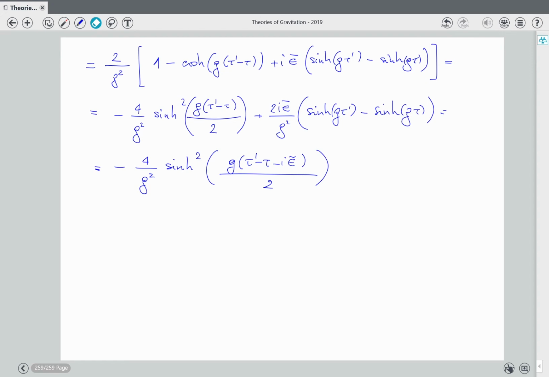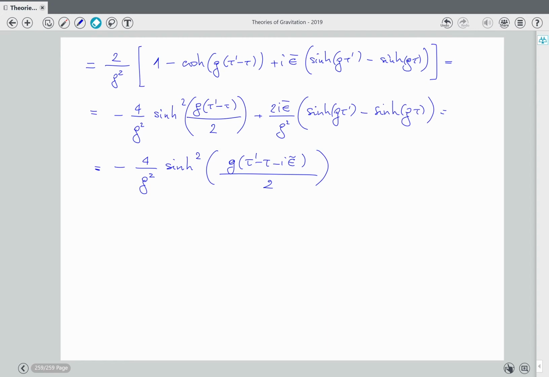How do we prove that? We have to find a certain epsilon tilde which is related to epsilon. It can be a relation that depends on tau and tau prime, but the only thing you need is that epsilon tilde must go to 0 when epsilon bar goes to 0, and epsilon tilde must always be strictly positive.